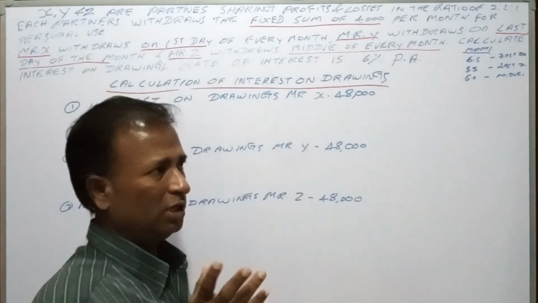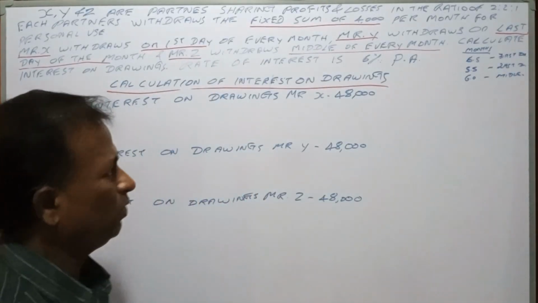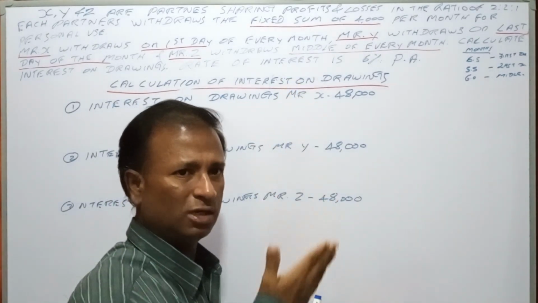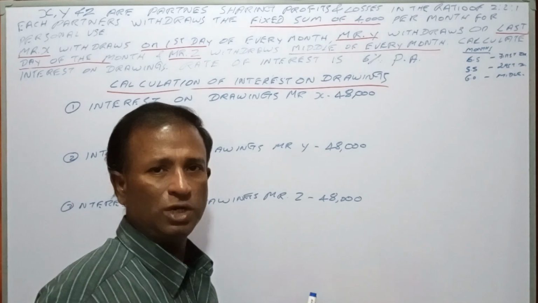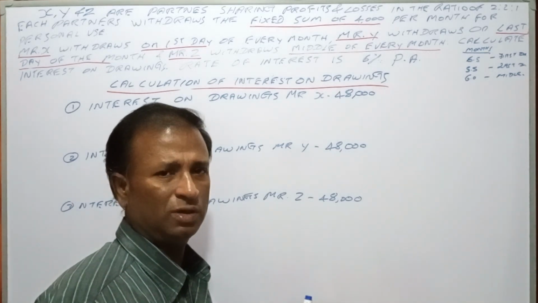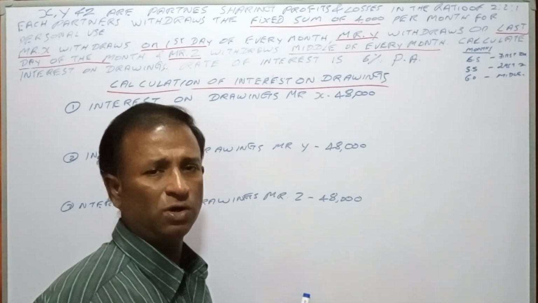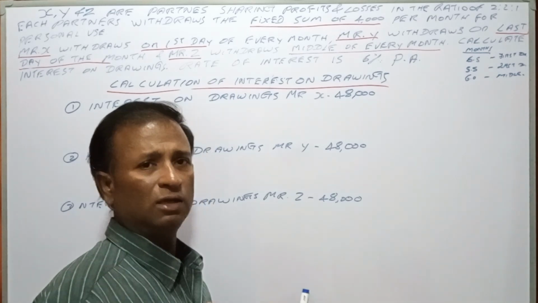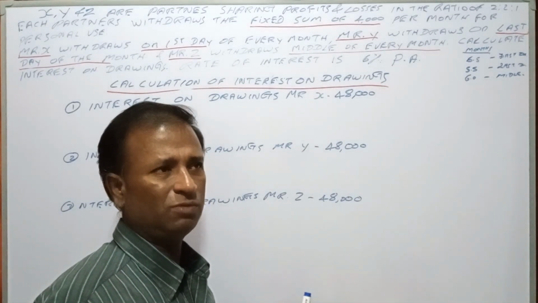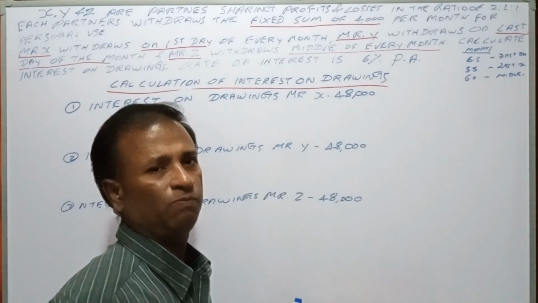So you don't need to do the calculations for each month, month number 1, month number 2, month number 3, like that. That is purely a waste of time. From an examination point of view, that is a waste of time. Sometimes some lecturers ask you to skip that adjustment.